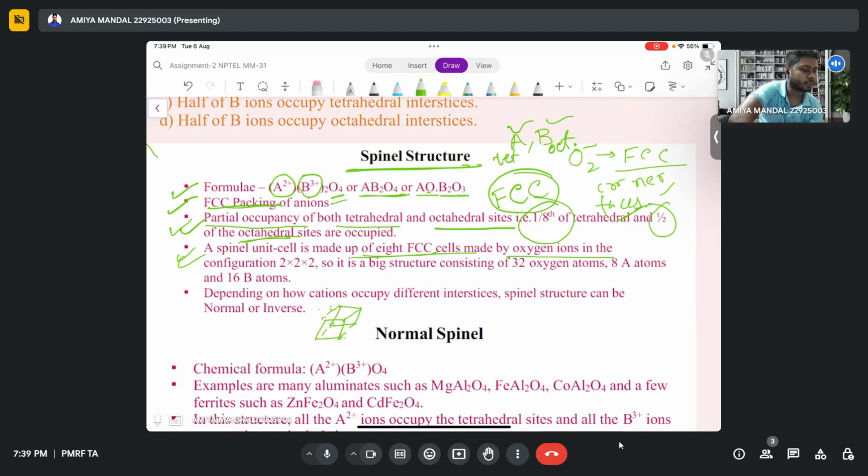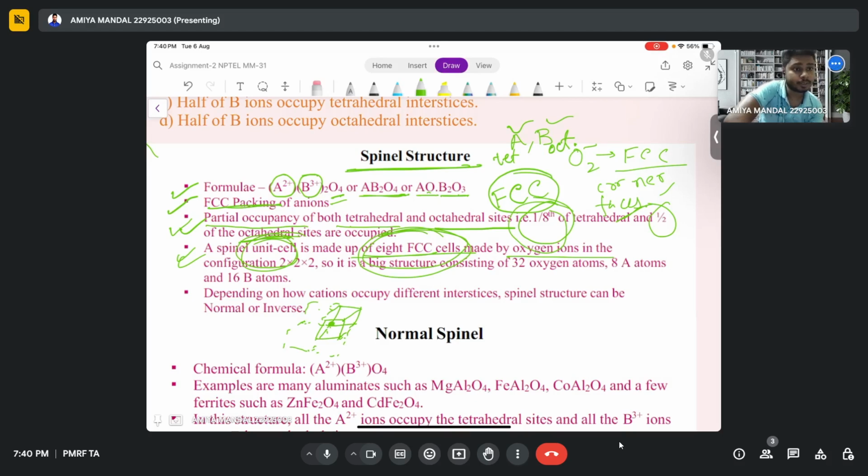You can fill this with 8 cells: this side, this side, this side on the ground, and above also 4 will be there. So 8 FCC cells must fill one unit cell.